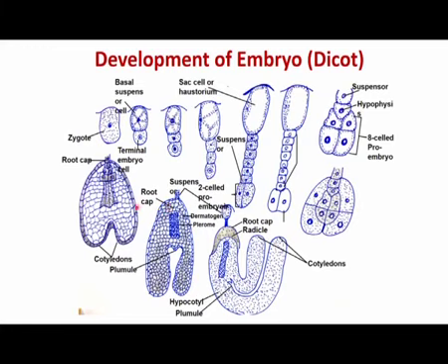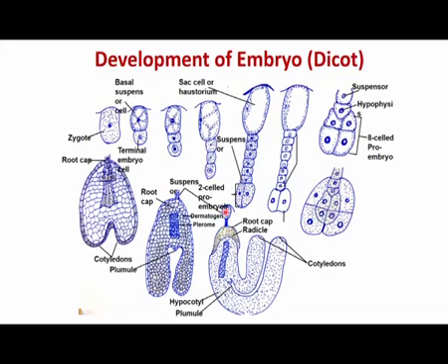The hypophysis, which is present on the micropylar side, then divides transversely and longitudinally to form multiple layers of cells, and ultimately it forms the cortical initials of the radicle. The cells of the middle and outer region, thus all the cells derived from the hypophysis, give rise to the root apical meristem. So, this portion gives rise to the root.